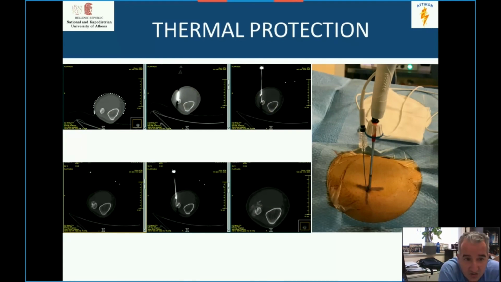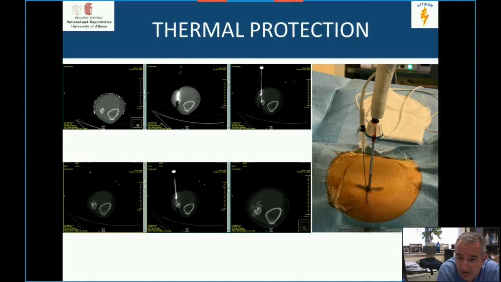This is an osteoid osteoma. The nidus in the fibula is located right next to the common peroneal nerve. Here we have used a bone trocar for access. Coaxially, we have inserted the radiofrequency electrode.